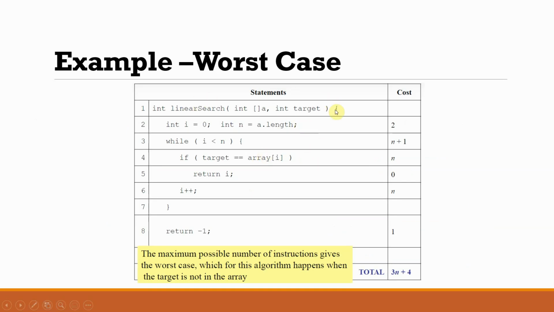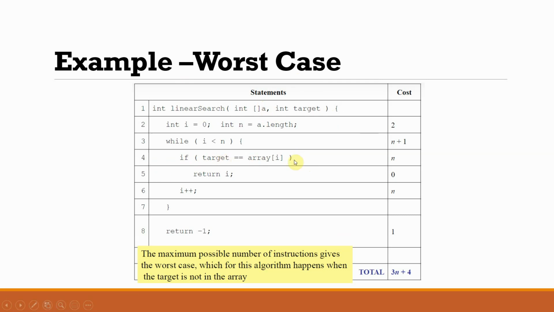This also shows you the same problem that we had before. If we want to find the big O notation for this one, we want to find the worst case scenario, right? The worst case scenario for linear search is going to happen when the element doesn't exist in our array, right? The target doesn't exist here. If that's the case, this operation is going to get executed n times, right?